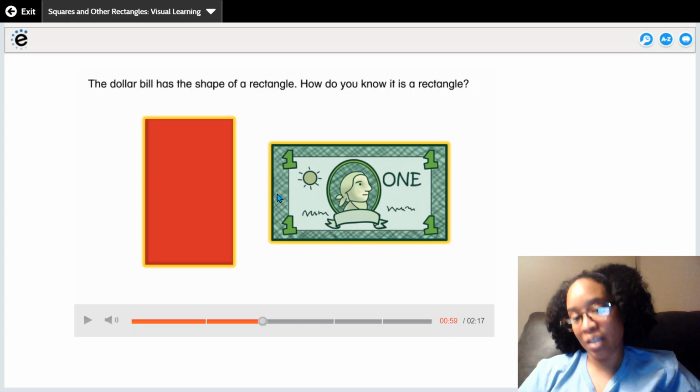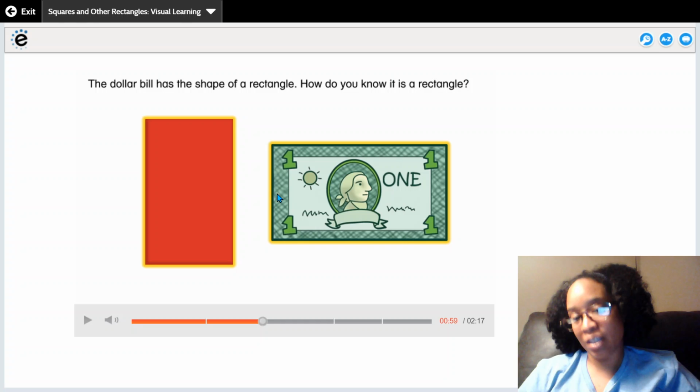Now look at the shape that is traced. How many sides does the shape have? It has 4 sides. How many vertices does the shape have? It has 4 vertices. Are all of the sides the same length? So are all of the sides the same length on this shape here?